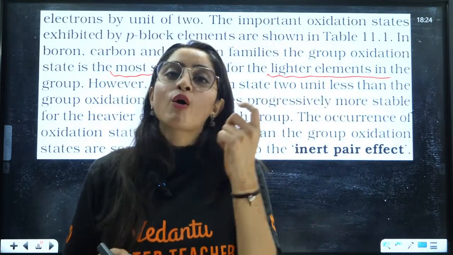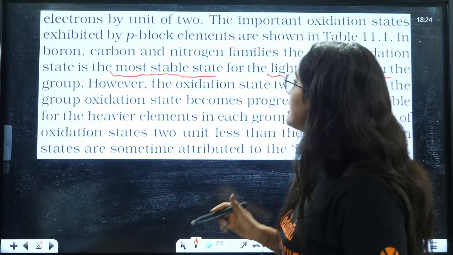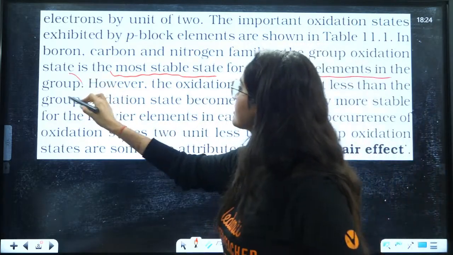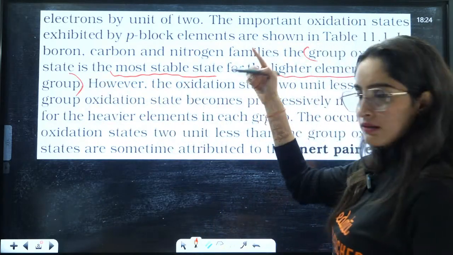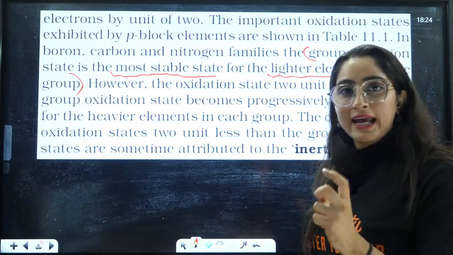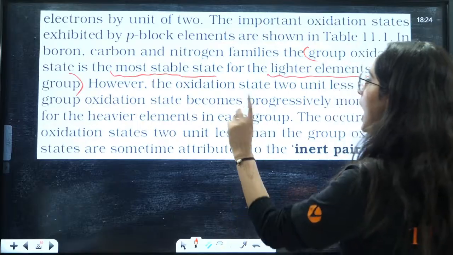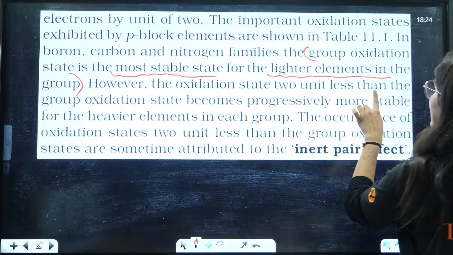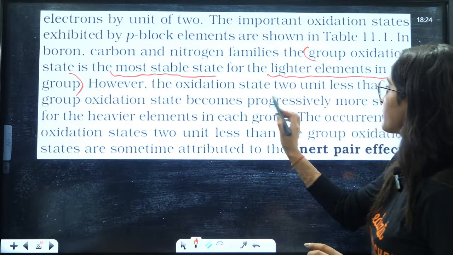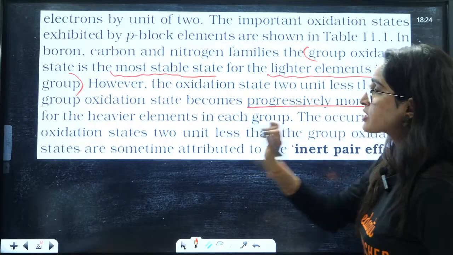Down the group, the group oxidation state will become less stable, right? So this is an important line, right? We will talk about this line in detail in groups also, this line will be elaborated, right?